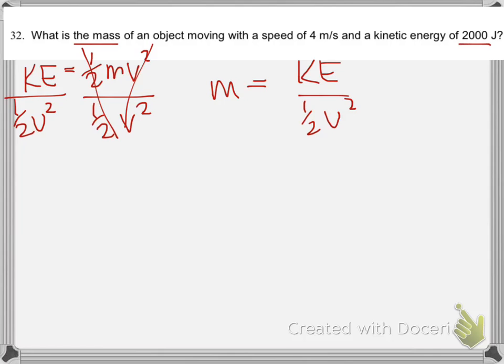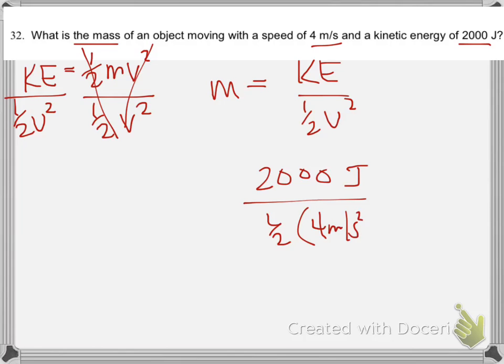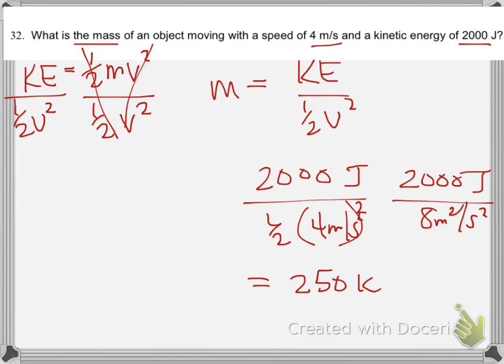We have our kinetic energy and we have our velocity, so we can plug in, and we have 2,000 joules divided by half times our 4 meters per second that will be squared. So we get 2,000 joules divided by 8 meters squared per second squared. And that gives us an answer of 250 kilograms as our mass.